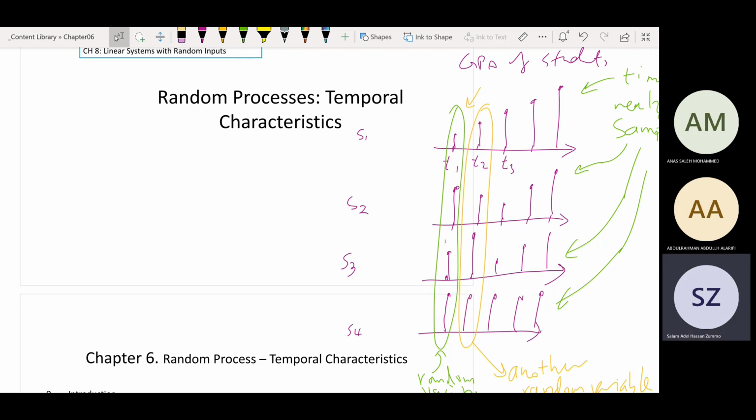This is, for example, the GPA of student S1 in the first semester, second semester, third semester, and so on. The function is basically what you see when you select the student: his GPA changes over time according to certain time. If you look at S as, for example, the weather, you look at the location.